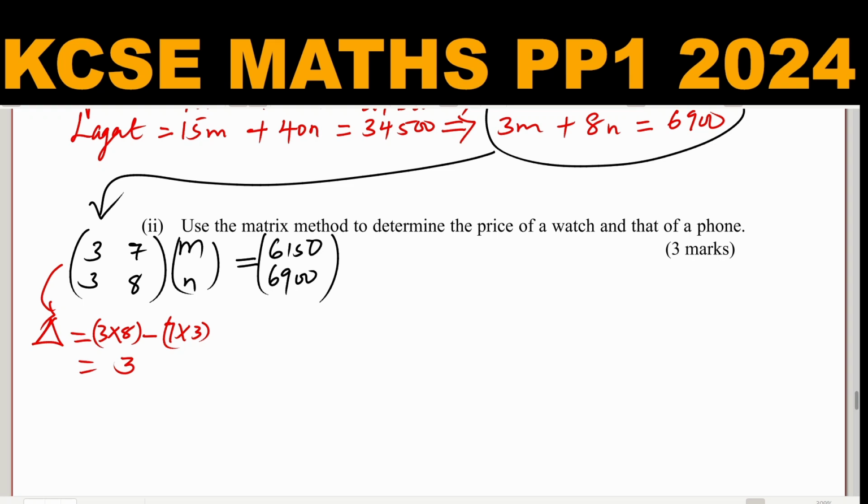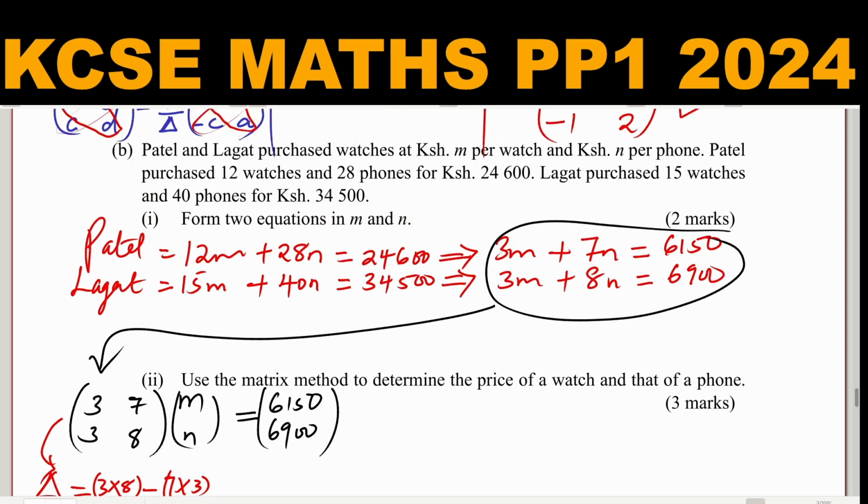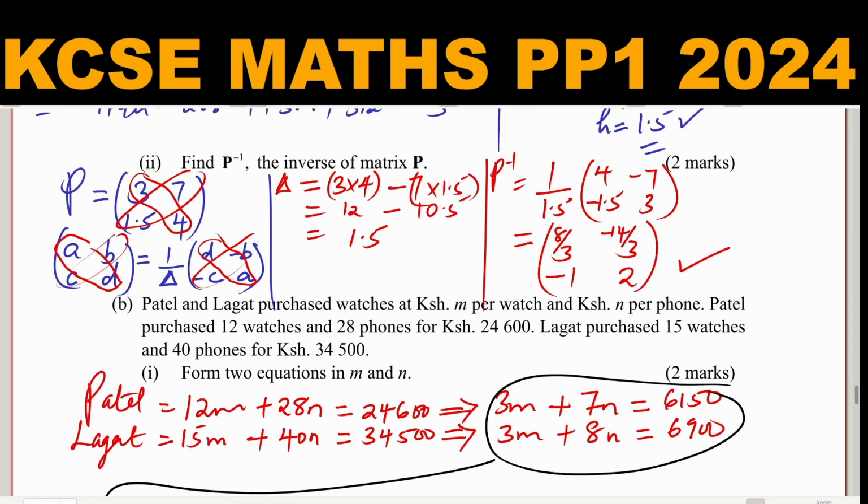So we get the inverse. The inverse of that matrix is 1 divided by the determinant, and then remember what we did in the previous part for the general matrix A, B, C, D. When you're getting the inverse, 1 over the determinant, look at how we interchange the elements in the leading diagonal and the other diagonal.